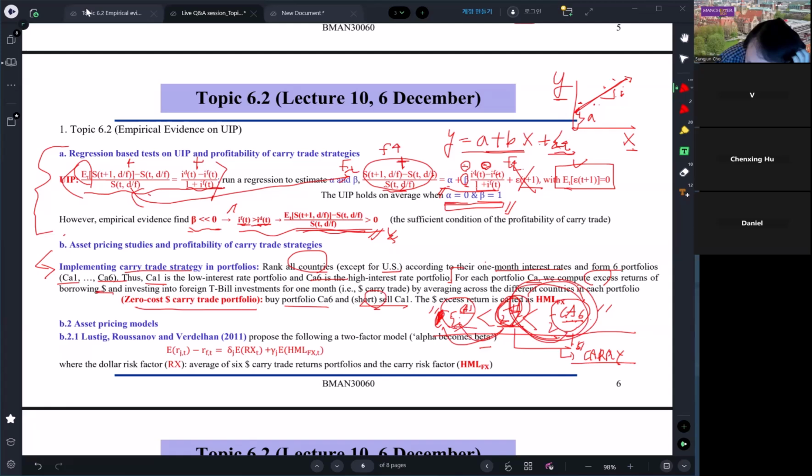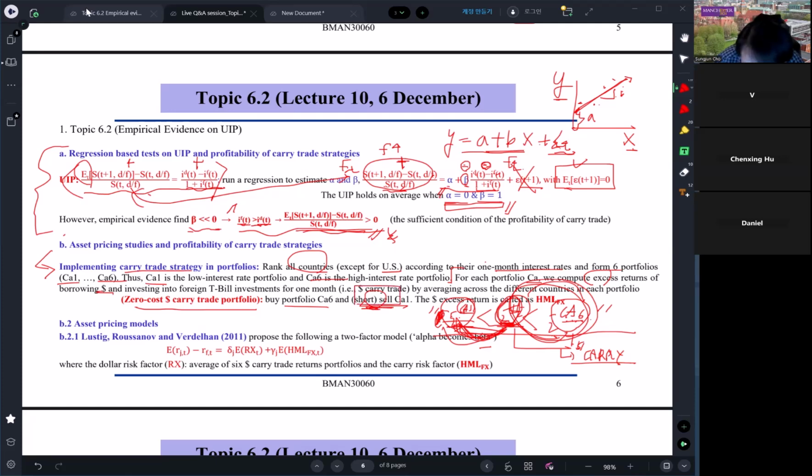So when do you see negative return for this one? That's the carry trade. Carry trade says borrowing this one and investing into this one will give you plus return. What you did is the reverse of that: borrow high interest rate currency, invest into low interest rate currency. If you short sell that, that is in fact you are gonna borrow CA1 and invest into dollar.